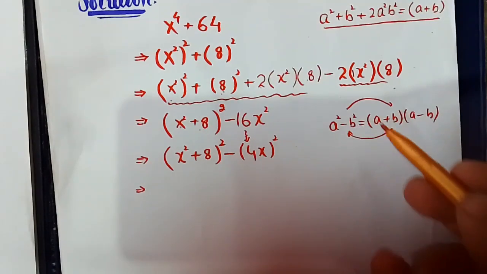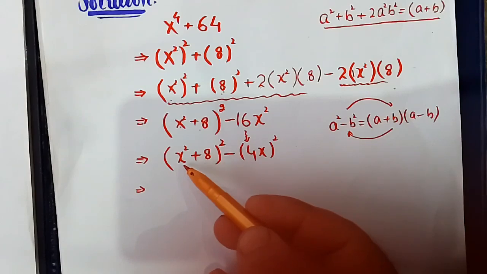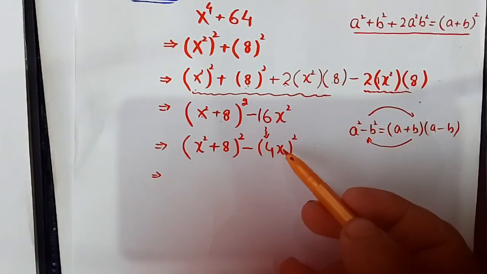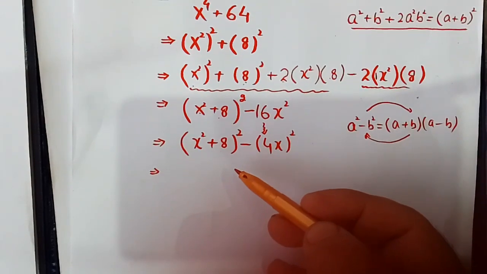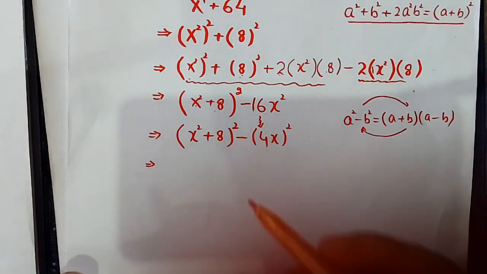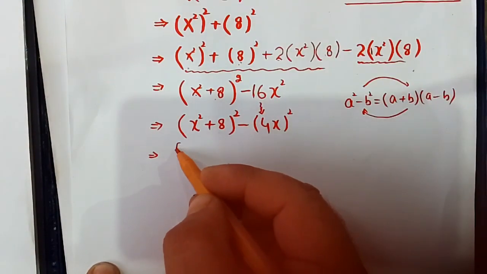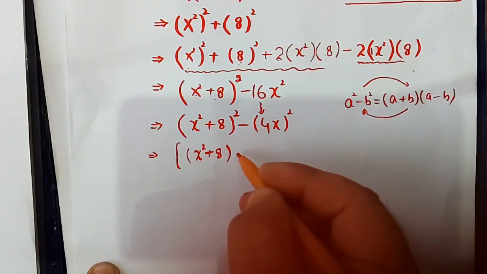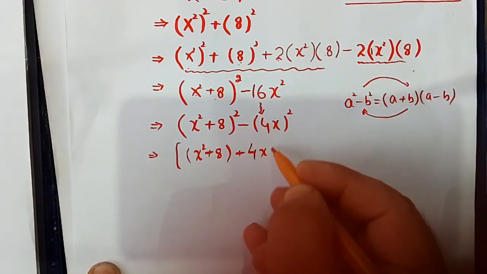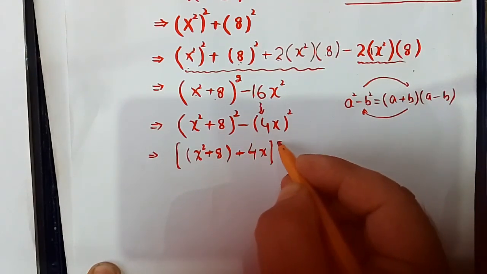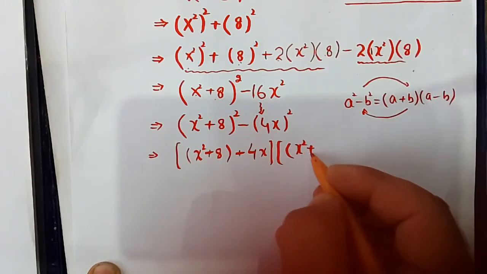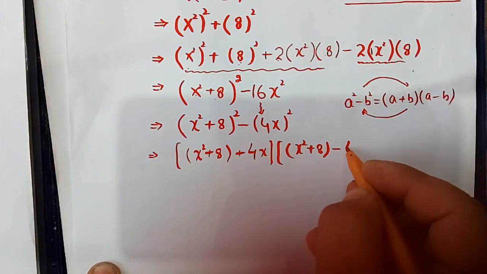We can use this formula here because the first term is a square and here is the second term square, and between them is a different sign. So I can write it as first one plus second one into first one minus second one.